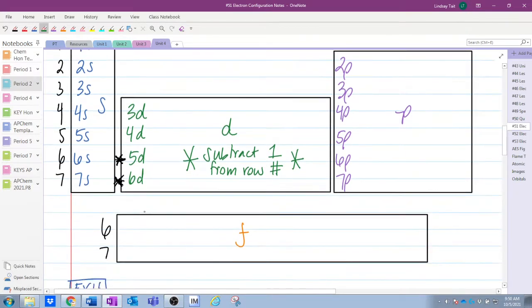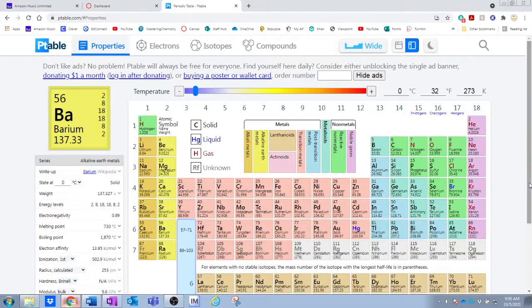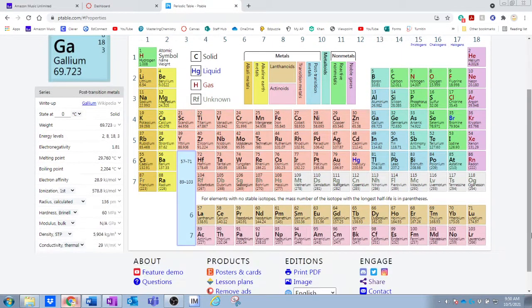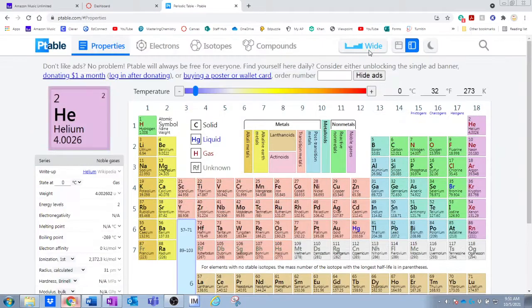All right, so last, let's check out this F block. Guys, the placement of the F block was strictly just trying to make life easier for printing on a piece of paper because the F block doesn't really just go down there. So I'd like to show you where the F block really is supposed to be on a periodic table. So here's good old-fashioned periodic table, ptable.com, best periodic table.